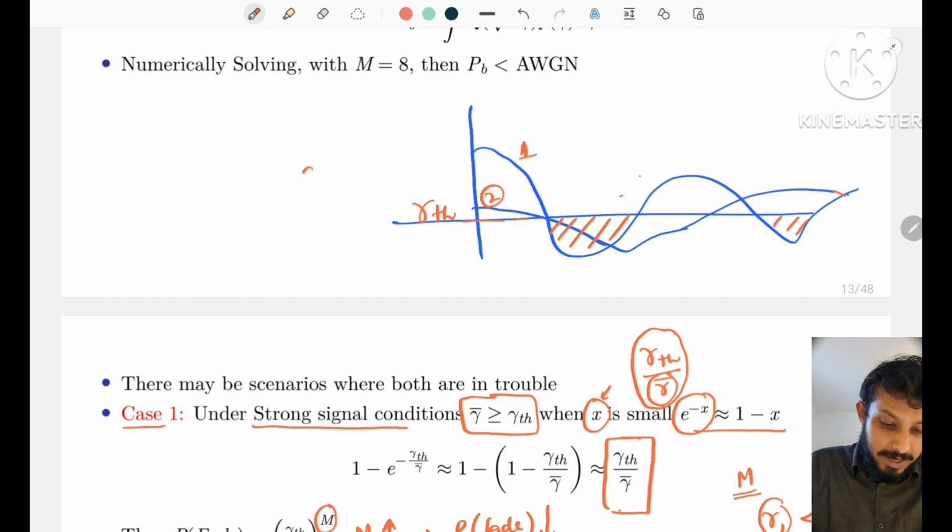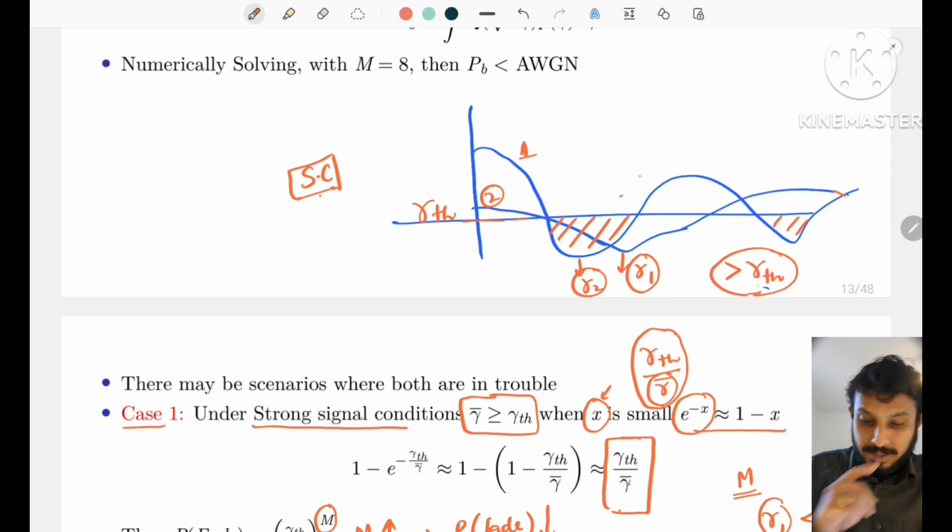So selection combining is not useful in this case, but what if we sum gamma 1 and gamma 2? Then maybe the sum will increase the mean SNR and take it greater than gamma th. There may be a possibility of this.